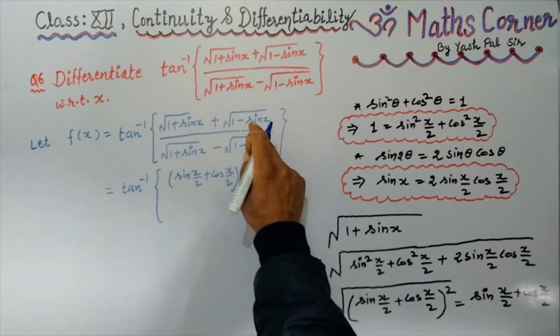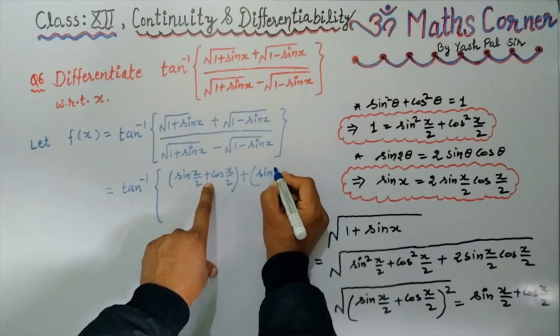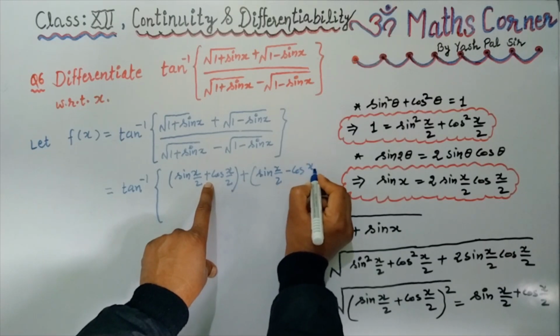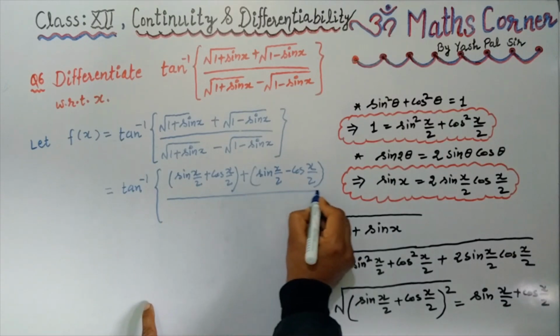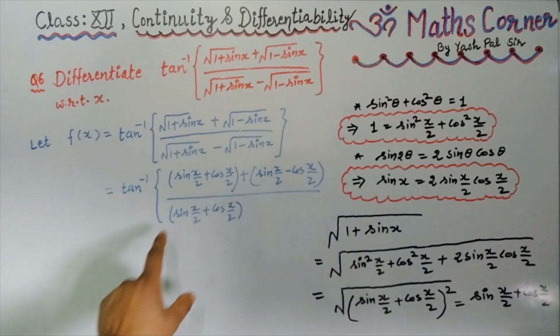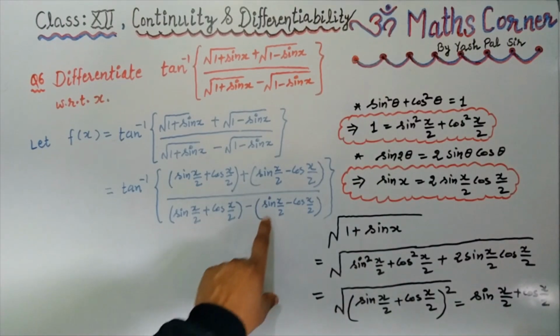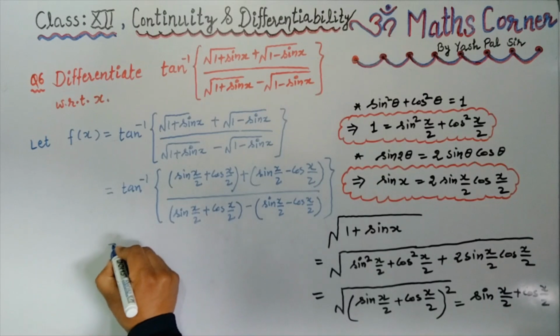As discussed, what is the square root of 1 minus sin x? Just we put a minus sign here, sin x by 2 minus cos x by 2. The denominator is also like this: sin x by 2 plus cos x by 2 minus sin of x by 2 minus cos of x by 2.